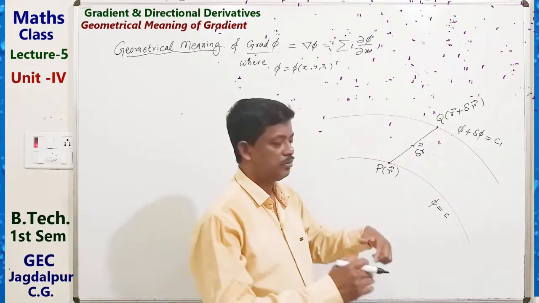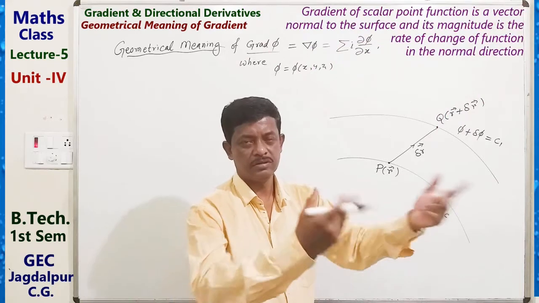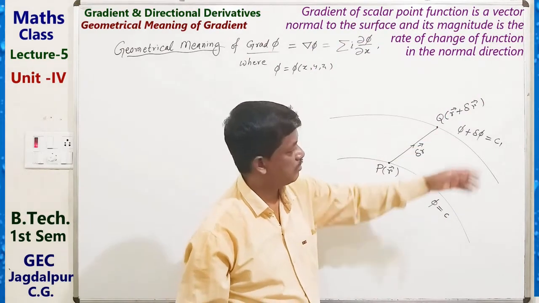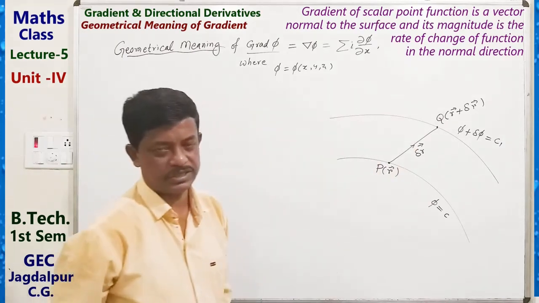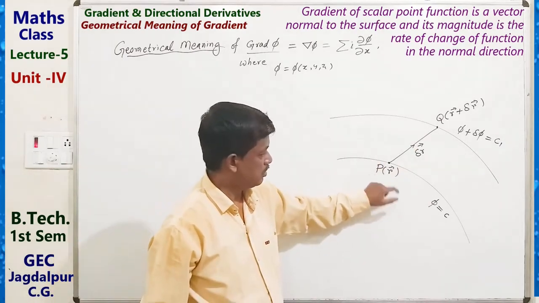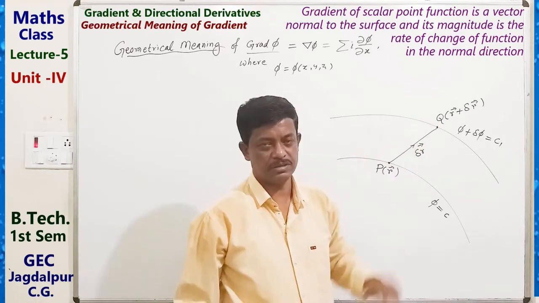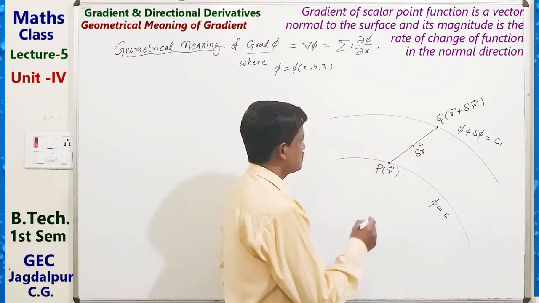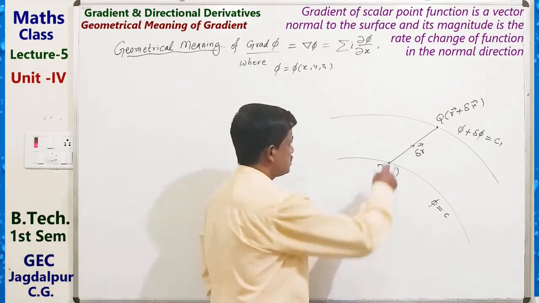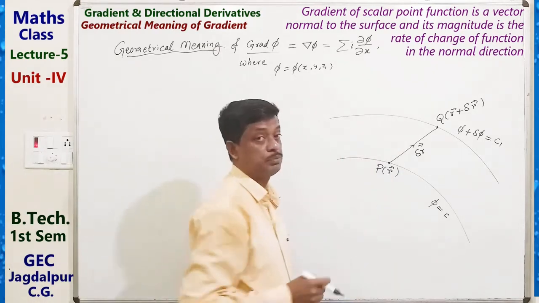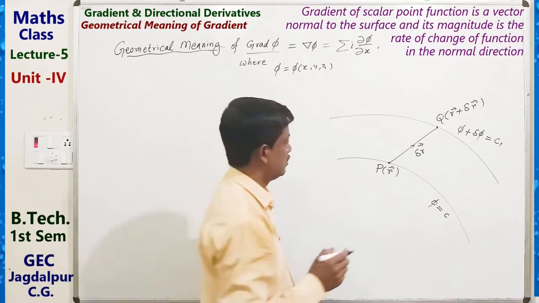The value of the function will be different, and the difference is delta phi. So here phi plus delta phi equals a constant. This is a point on this level surface and this is a point on that level surface. Now suppose the perpendicular distance between these two surfaces is this.